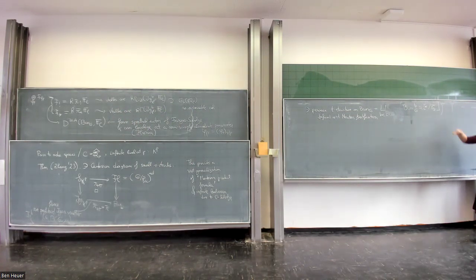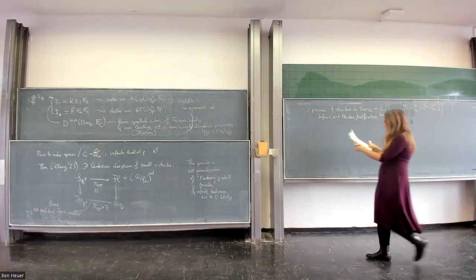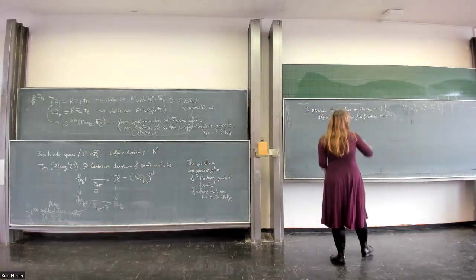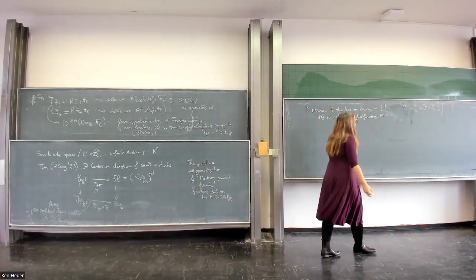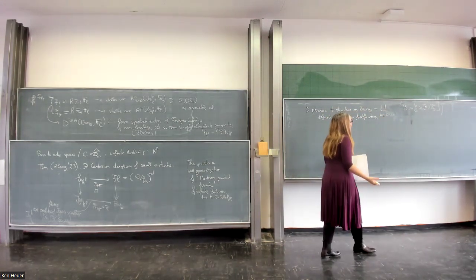And for the most part, you can ignore the tilde when you're talking about local Langlands or when you're talking about cohomology with mod l coefficients, and l is different from p. What it does is it gives you a degree shift on cohomology, but it doesn't do much more than that in this setting.